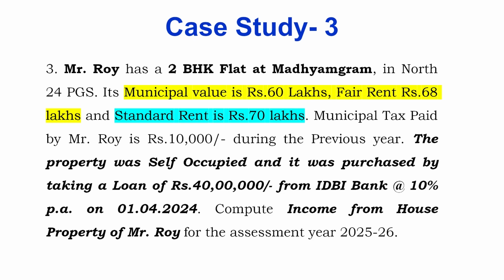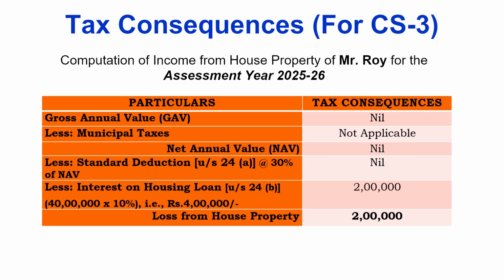The property was self-occupied and it was purchased by taking a loan of rupees 40 lakhs from IDBI Bank at the rate of 10% per annum on 1st April 2024. Compute income from house property of Mr. Roy for the assessment year 2025-26. Now, let's see the tax consequences over here.